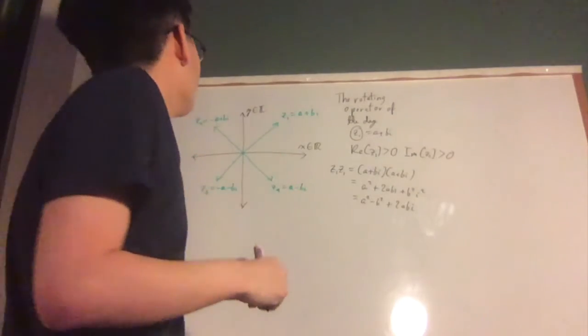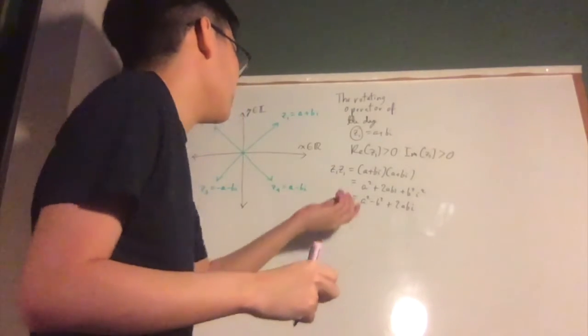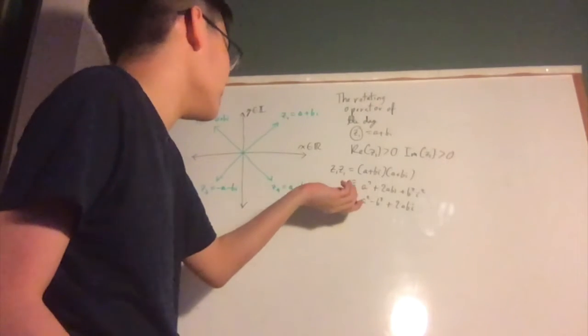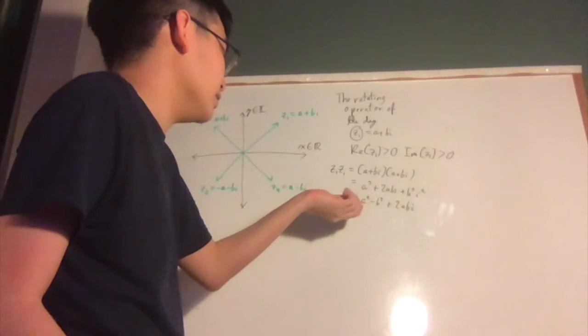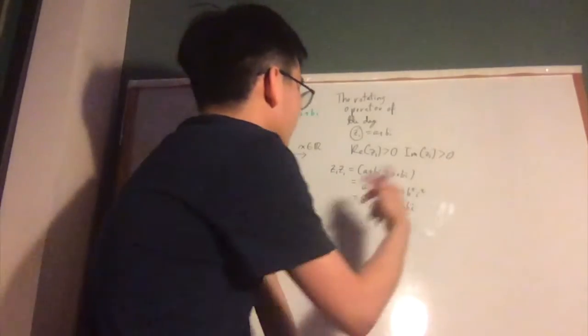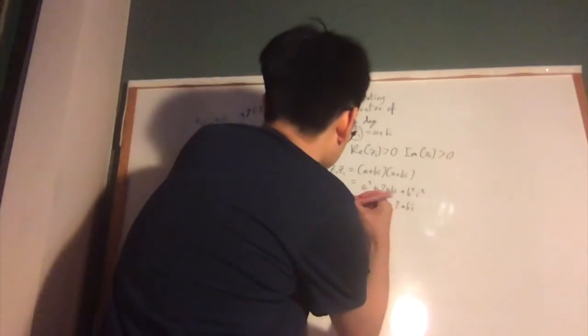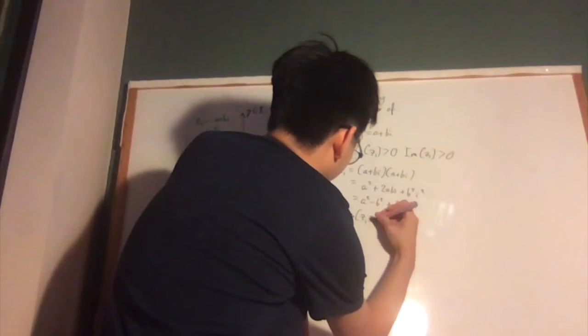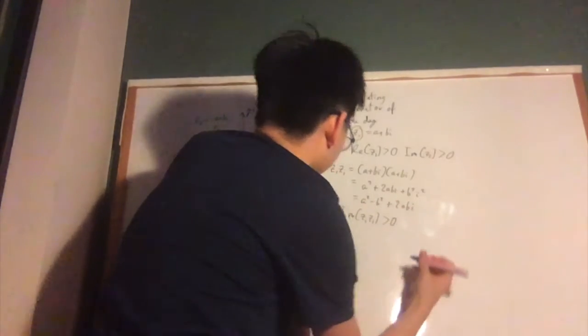So technically you have a real part here, which could be positive or negative depending on whether a or b is greater than the other. And the 2abi is positive, so the imaginary part of z1 squared will always be positive.